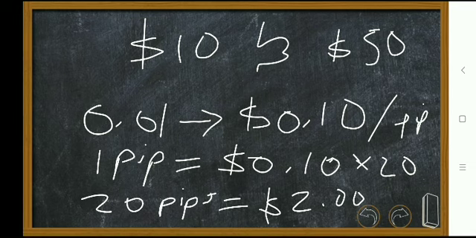So right now, this was just the general value of a pip when using a micro lot size or micro volume, whichever you may call it. That's that. Remember, for a mini it will be $1, and the standard it will be $10 per pip.